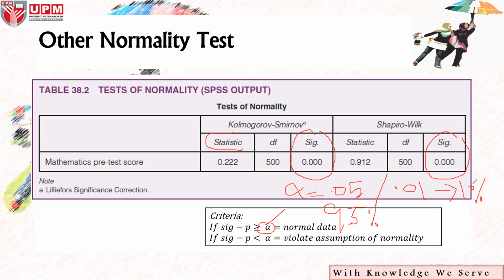That's why if you see any detergent, sabun basuh tu, in the advertisement you can always see that they say 99.99% kills the bacteria. They never say 100%. Sebab apa? The 0.01% they consider as error.